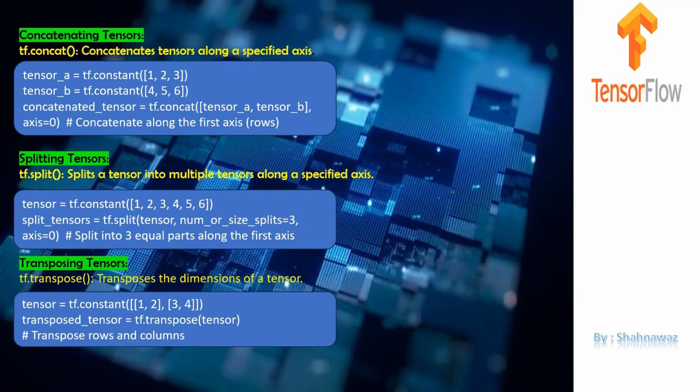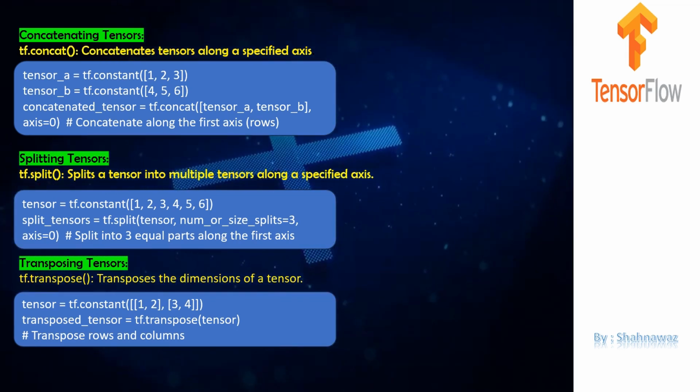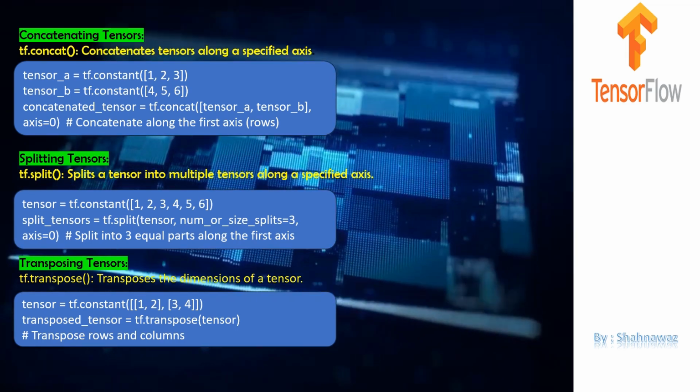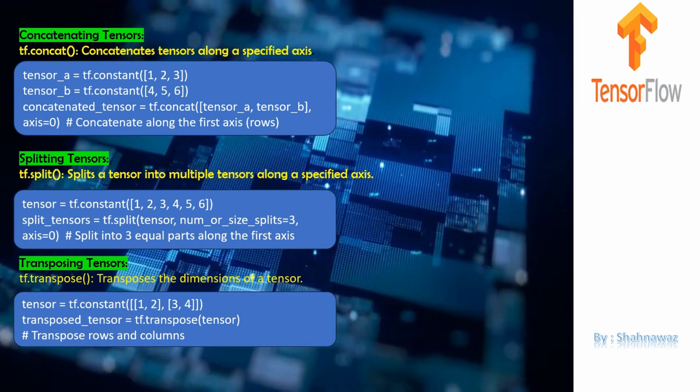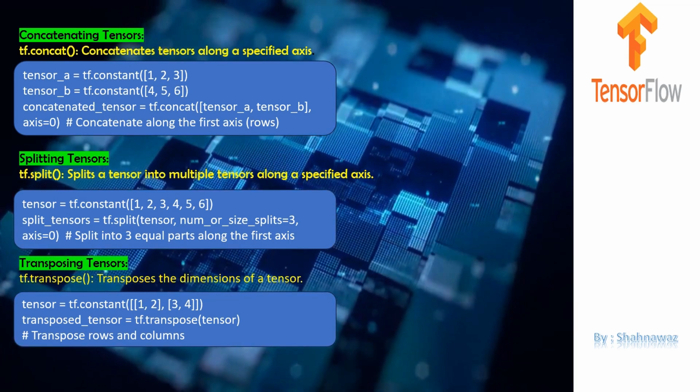Transposing tensors. Command is tf.transpose, which transposes the dimensions of a tensor. tensor equals tf.constant, 1, 2, 3, 4, transposed_tensor equals tf.transpose, tensor, #transpose rows and columns.